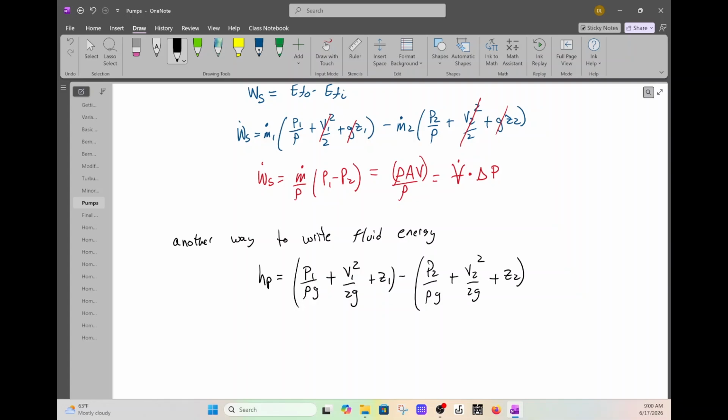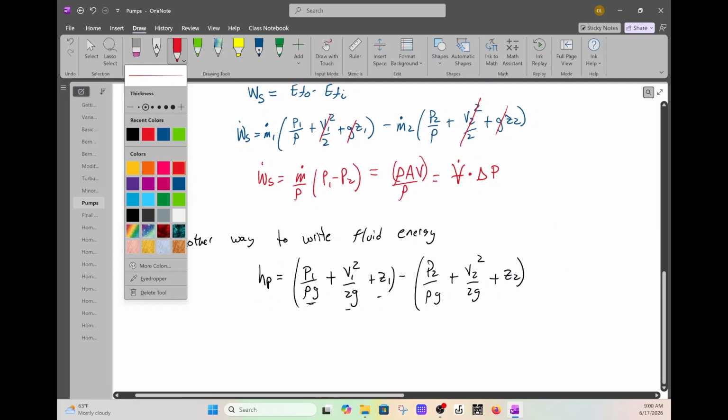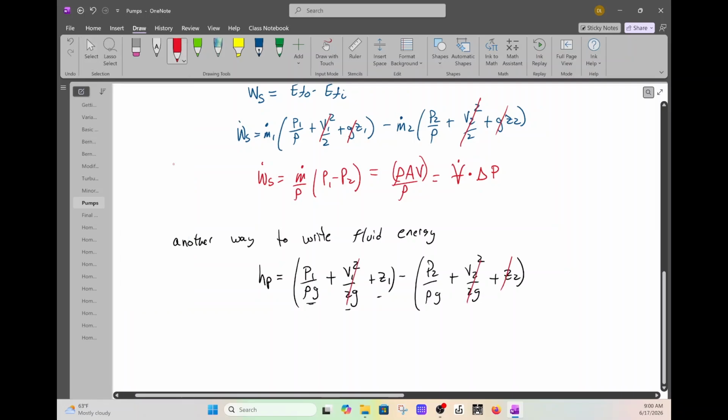All right. Now, if you remember, this is like fluid energy in and out, okay? All these units now have a unit of like head or meters or feet, okay? So I just kind of changed it that way. And I define this as now HP. And what we're going to do is, again, we can take out these values here.